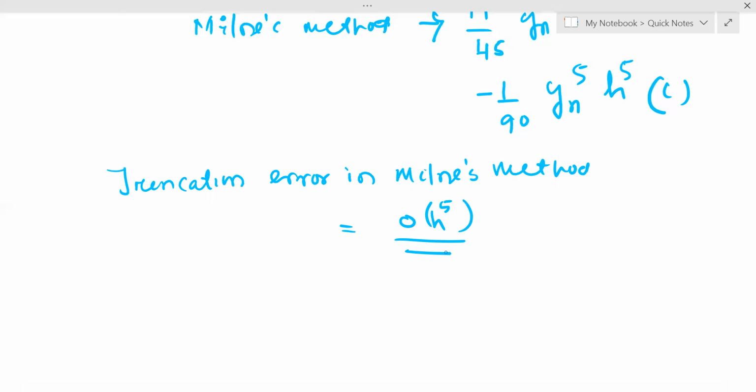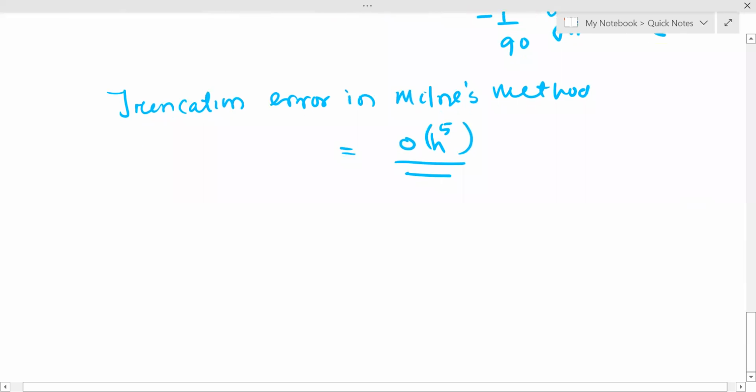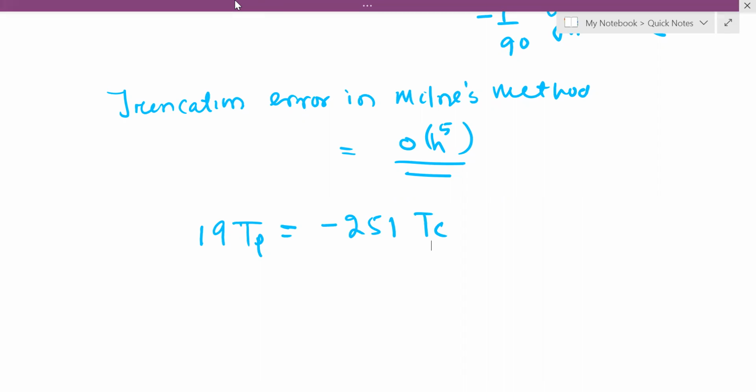So similarly, error analysis on Adams-Bashforth method of the fifth order we can define now. And that is also we can say that 19 TP is equal to minus 251 TC. Just you look out this, I have written here TP and TC.